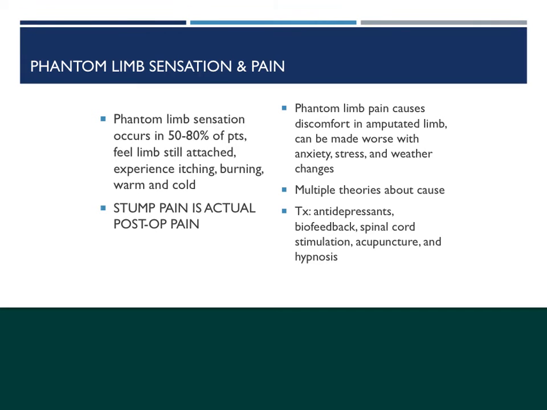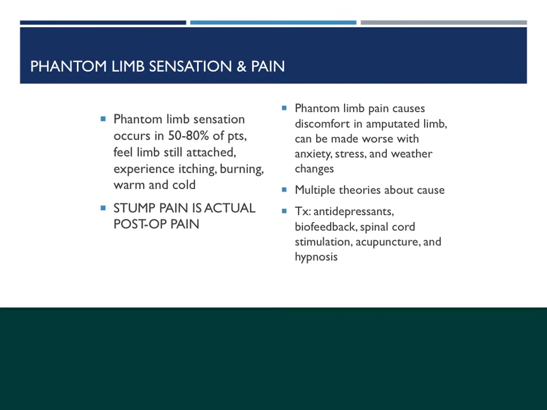They actually still feel the burning, for instance, in the toes that were amputated. What they find is that anxiety and stress or weather changes can make this worse, where they're still experiencing the same burning sensation or pain that they had preoperatively that led to the amputation.